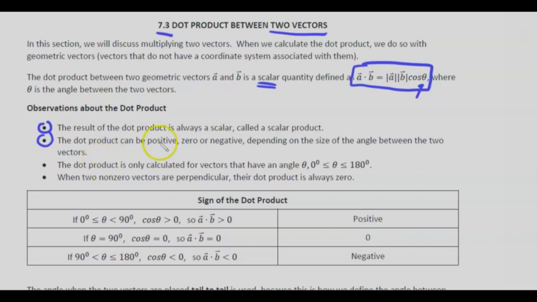I want to throw this out there. If we have an angle in the first quadrant, this is the A quadrant. Remember the CAST rule? So cos is going to be positive. In the S quadrant, so if it's obtuse, cos is going to be negative.